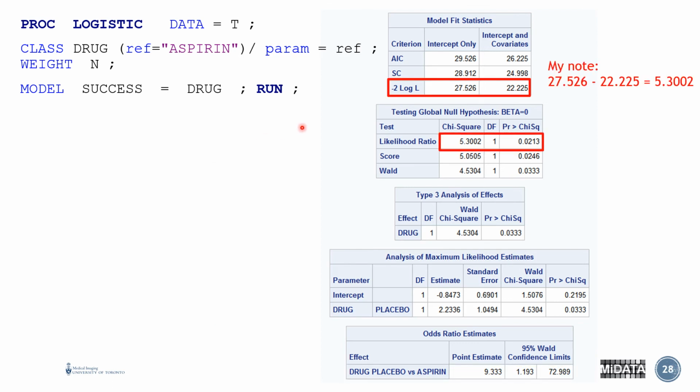Now, a few slides ago, we were talking about the log likelihood ratio and how you calculate it. And in model fit statistics, SAS calculates the -2 log likelihoods for you.